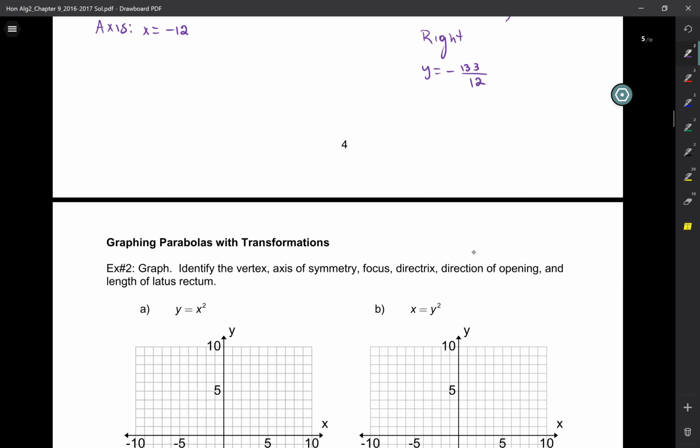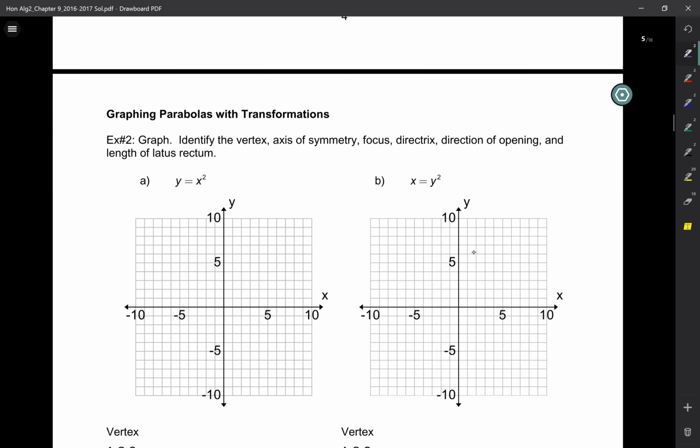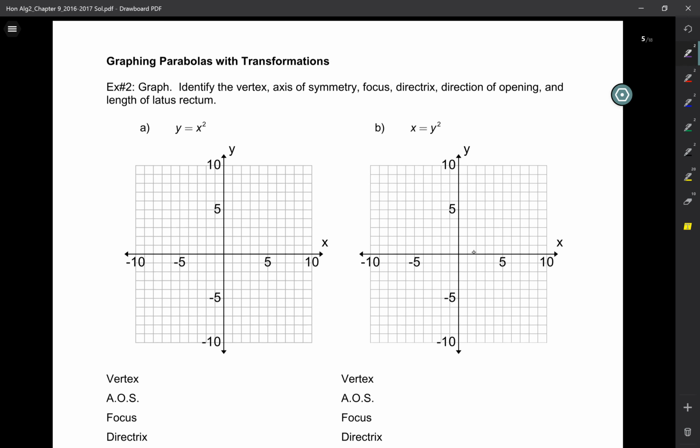Okay. So let's graph some of these. Y equals x squared, right? That's your standard parabola. I know we're all experts on graphing parabolas now, although mine looks horrendous.